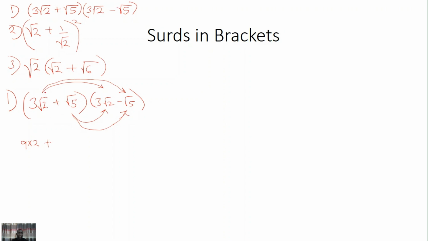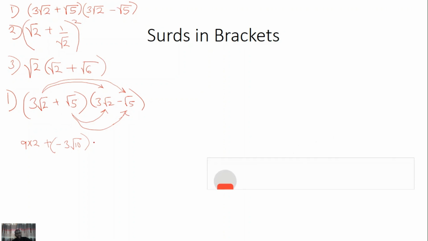Now, the next is to multiply 3 root 2 by minus root 5, and that will be equal to minus 3 times 1, 3, then root 2 times root 5. That will be root 10. Okay? Then the next we are going to deal with is this, root 5 times 3 root 2.